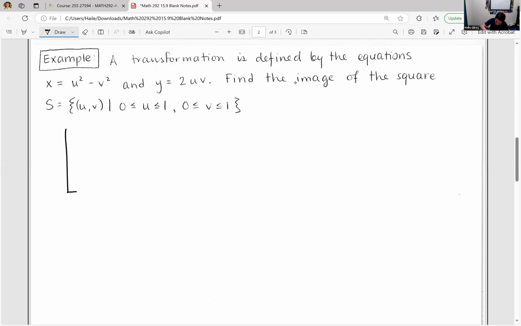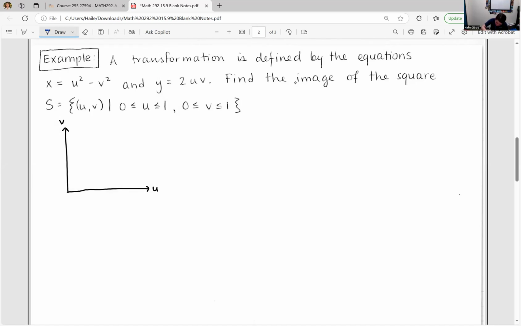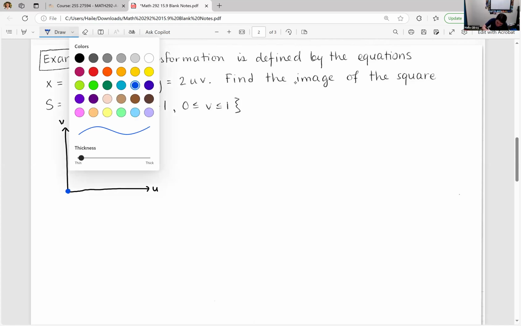So I'm going to start with black because this is going to get very multicolored very quickly. So let's suppose this is the UV plane, and I want the square with side length 1. So let's see how I'm going to do this. I'm going to start with my bottom side and make that blue.